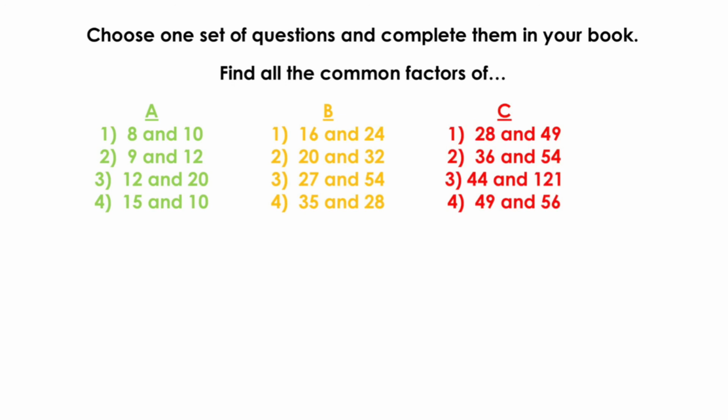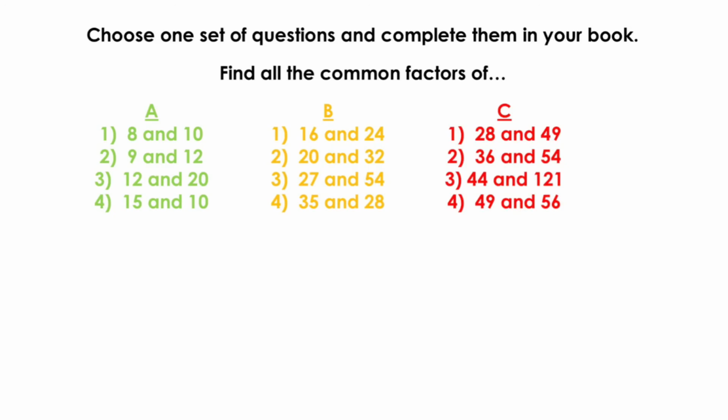For example, in A, you're going to find the common factors of 8 and 10 and list them. Then 9 and 12 and so on. The C questions are always the more difficult ones. So you pick which set of questions to do and work away at those. And when you're done, you can restart the video and see the answers.